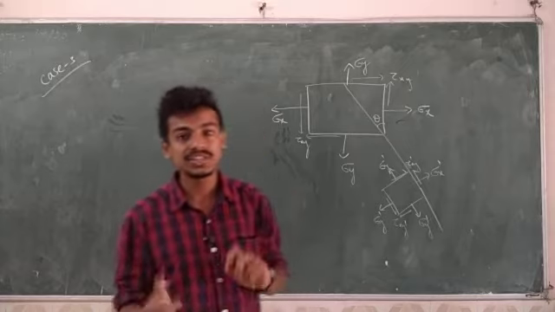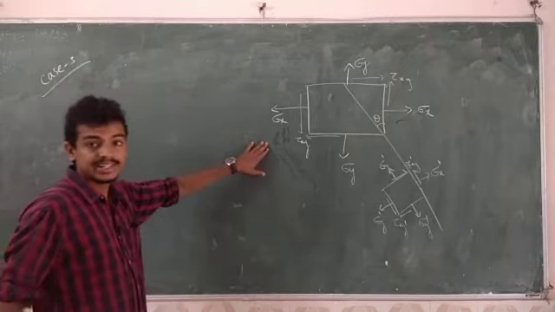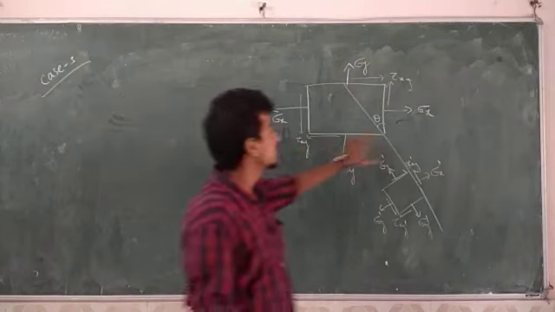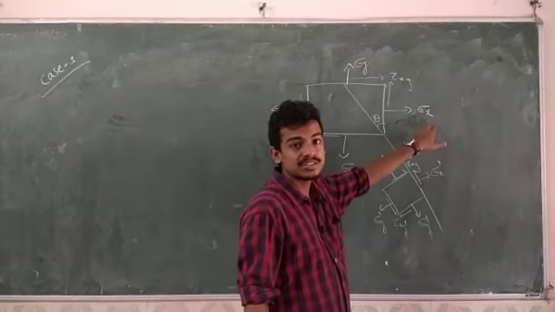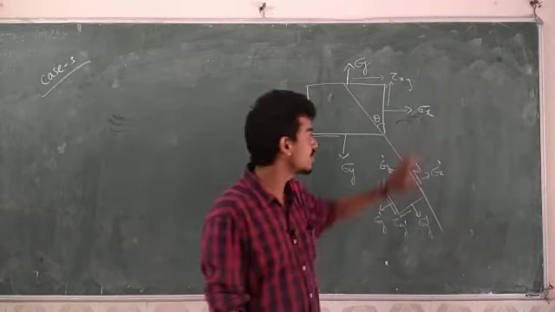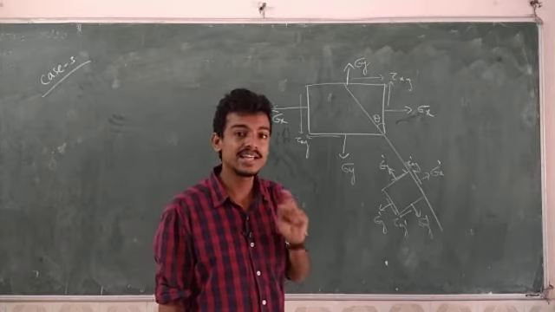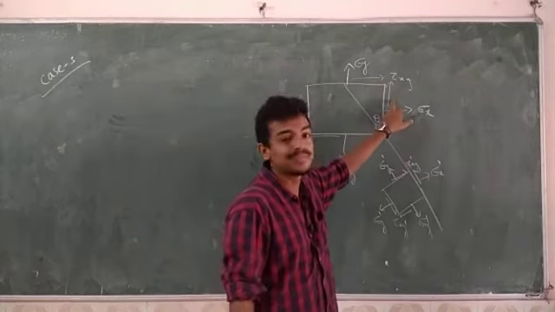But in case 3, it is quite clear from the diagram that sigma x and sigma y are mentioned, so normal stresses were given, and you already know that when normal stress acts, shear stress will definitely be present.